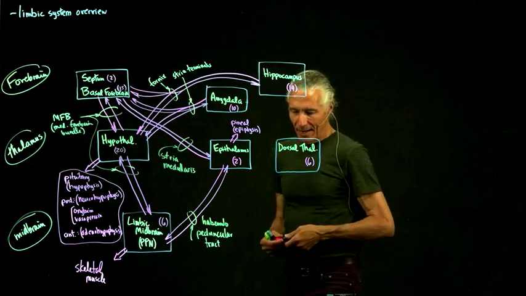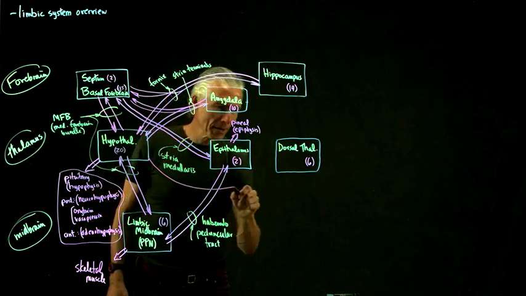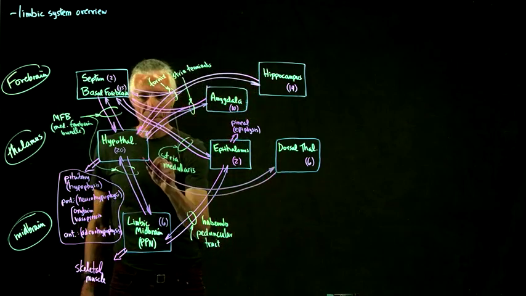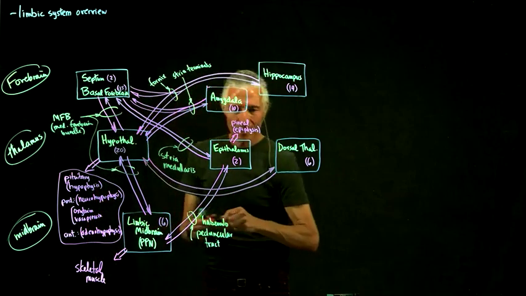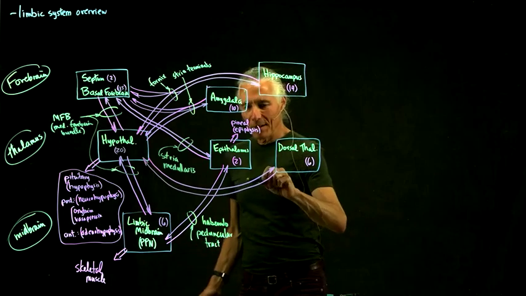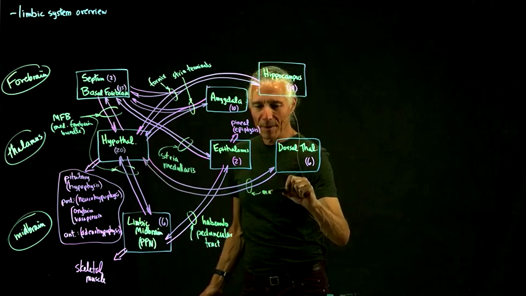And that has a big bundle. You can see it in a turtle or in a human, connecting up to the hypothalamus. What is that one called? That one is called the mammillothalamic tract.